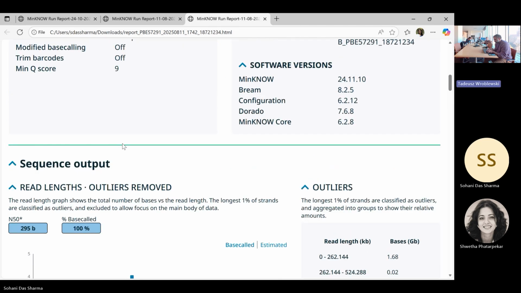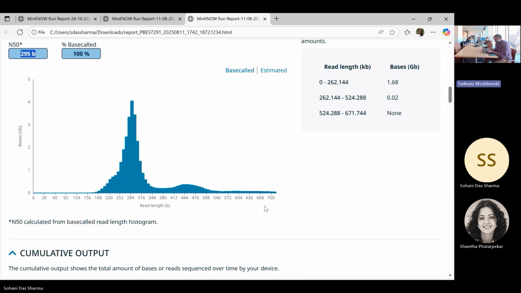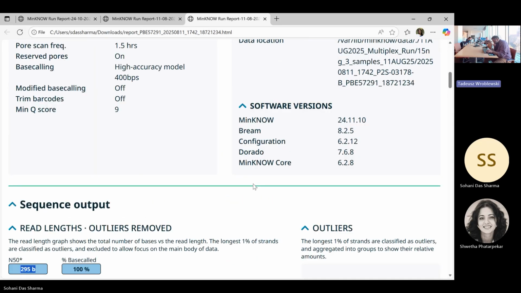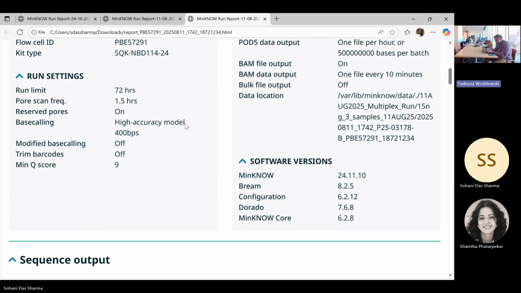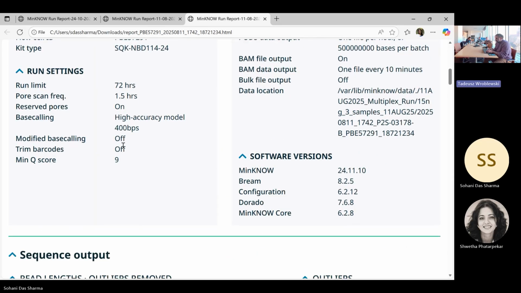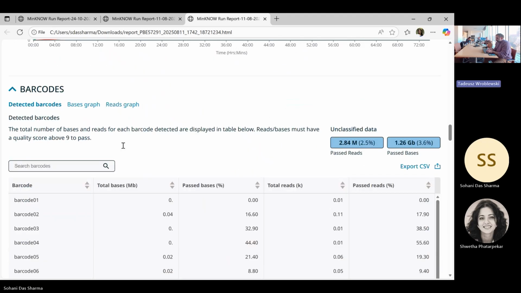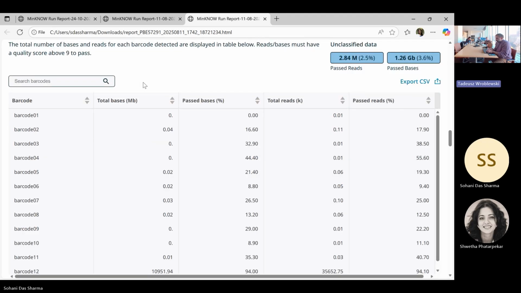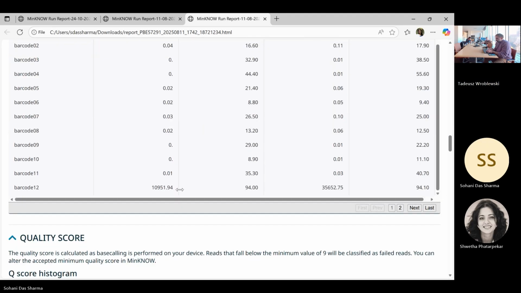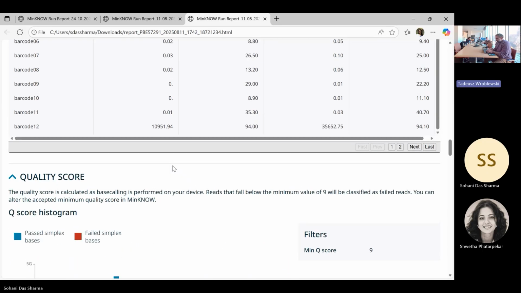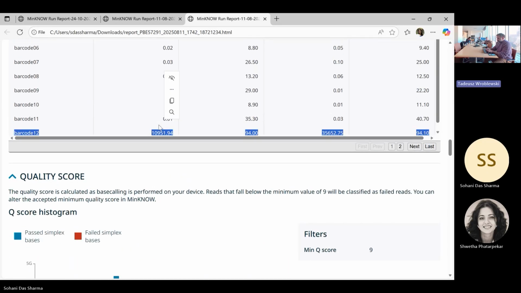So this is another one, similar, with 3 peaks. They did HAC; modified base calling was off. How many samples did they run here? Just one, I don't see anything else.